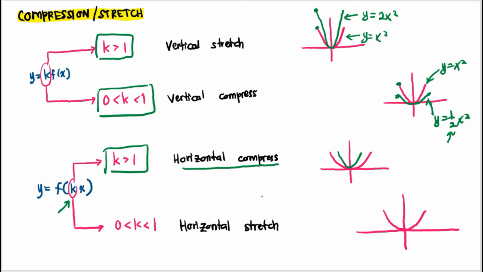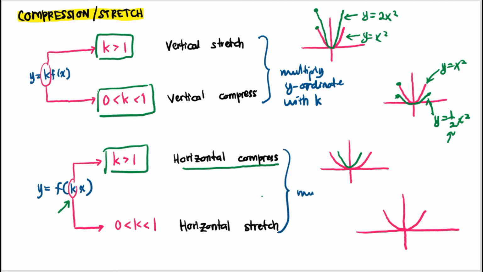Just now, in the previous case, we multiplied the y ordinate by the value of k. But in this case, we multiply the x ordinate by 1 over k.